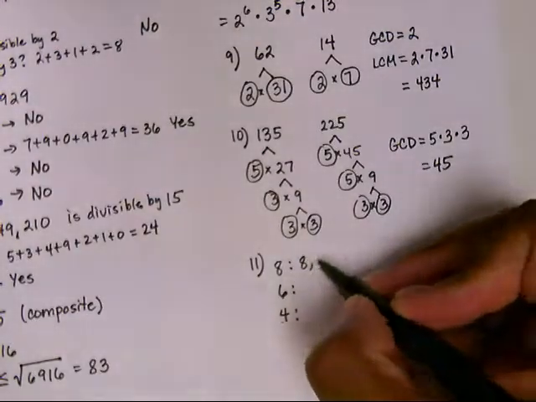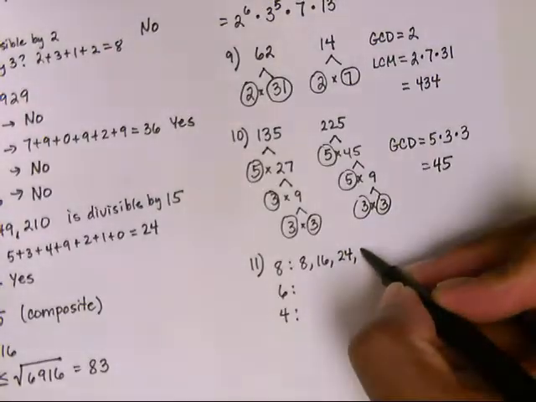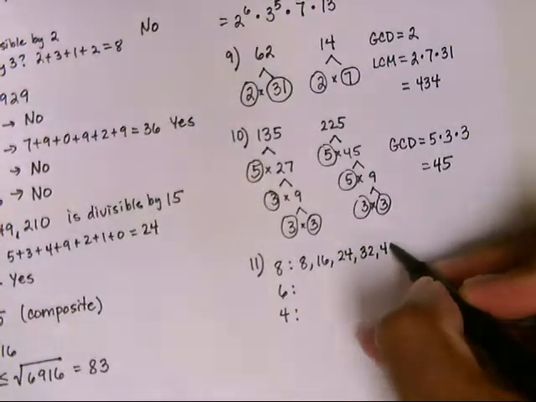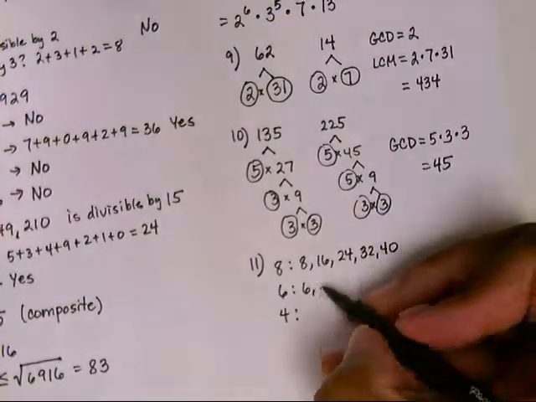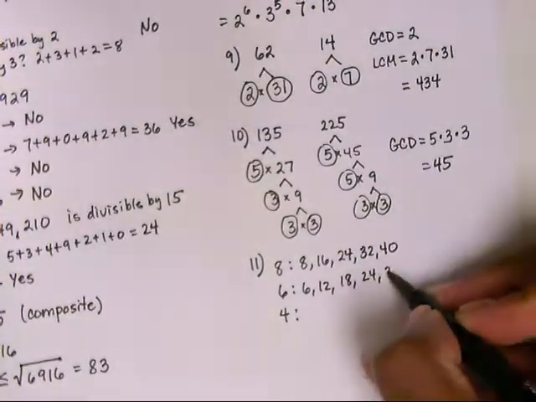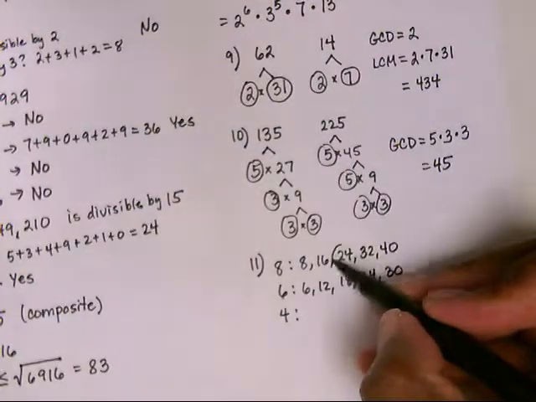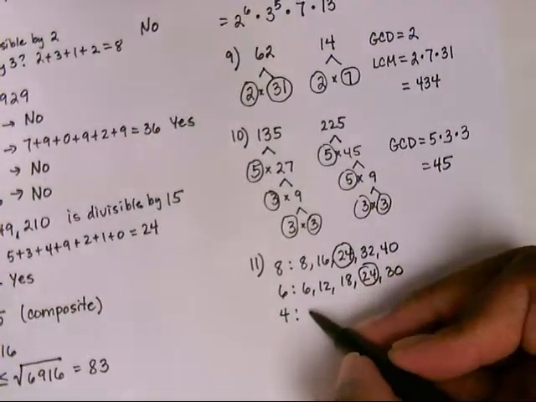For 8, I have 8, and then 16, 24, 32, 40. Now for 6, that will be 6, 12, 18, 24, 30. And I can see that 24 is in both of these, the 8 and the 6.